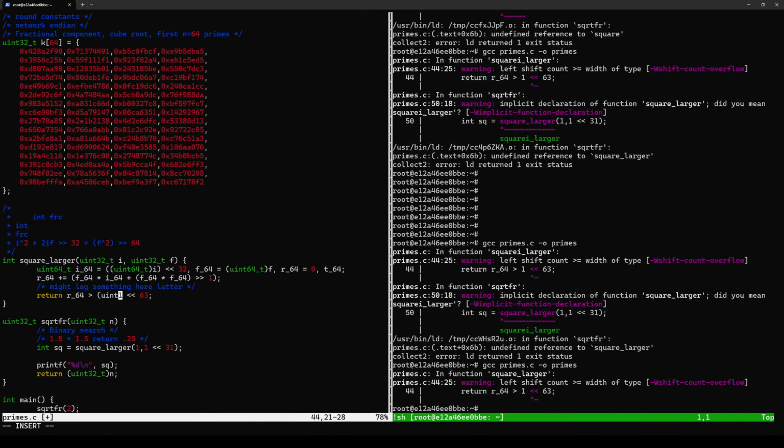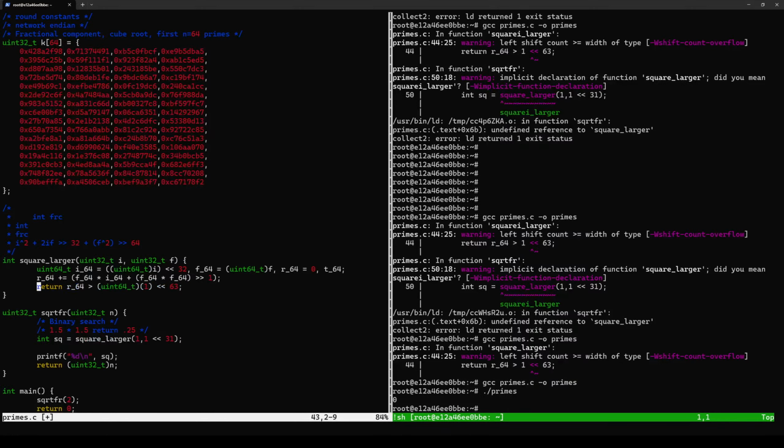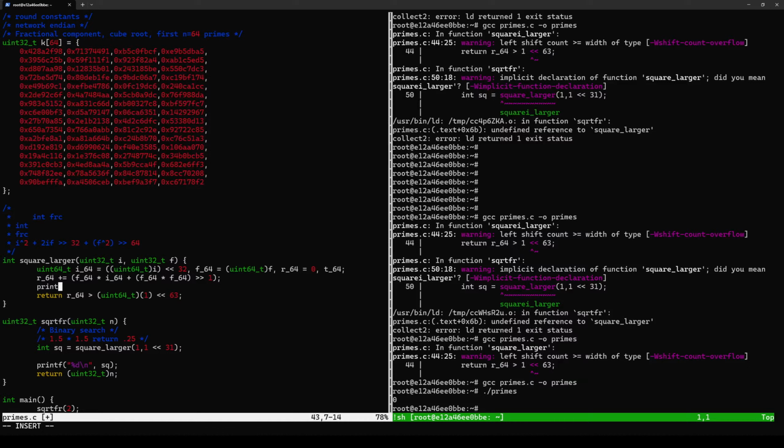Int64_t I. Sure. That should be larger. Let's see what it is. printf %lx new R64.